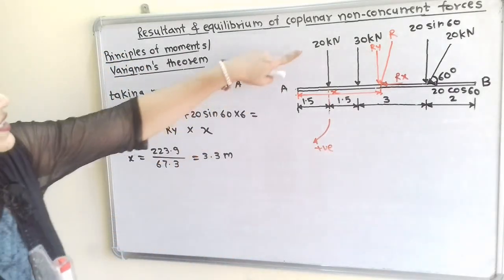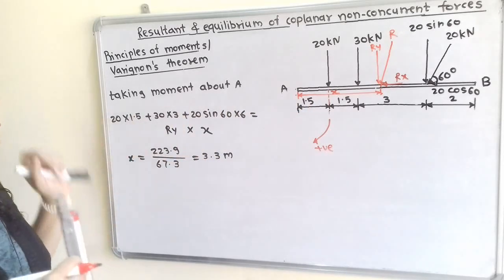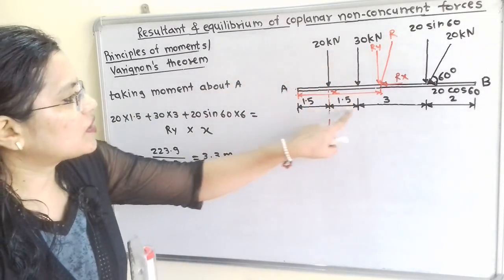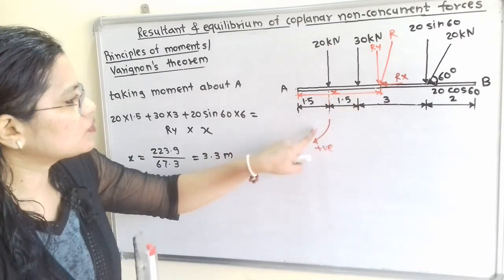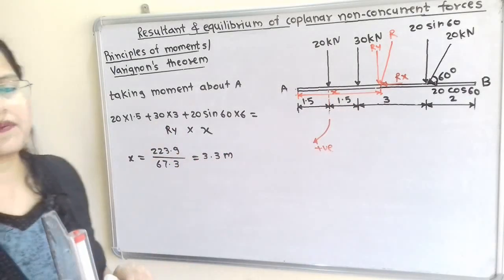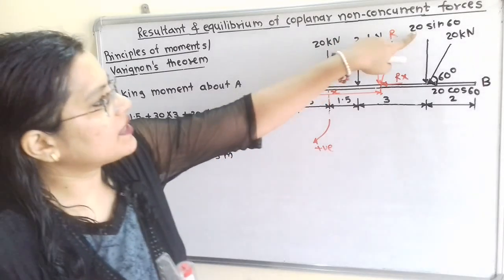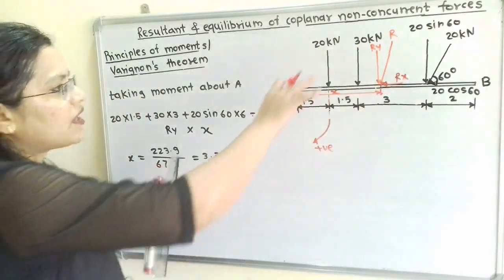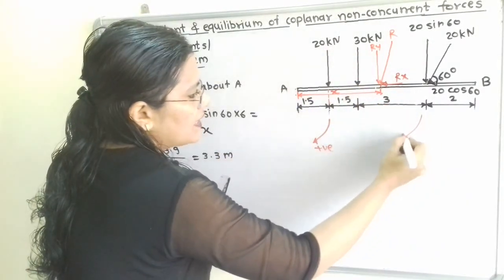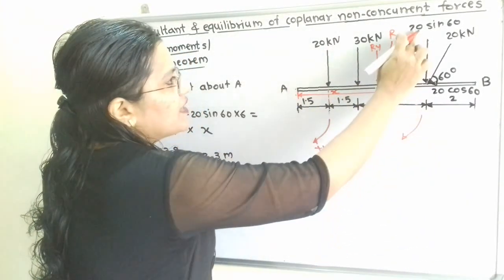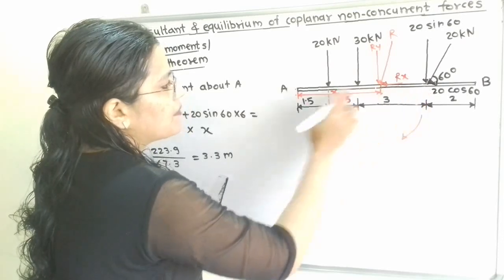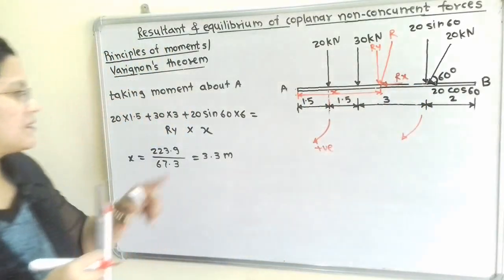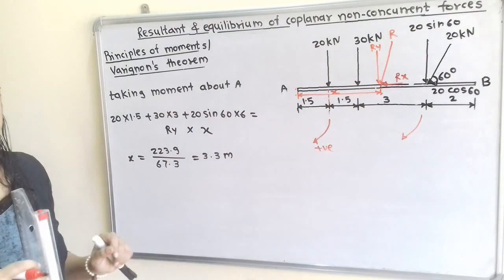So we can say 20 multiplied by 1.5, plus next 30 multiplied by total distance 3. Here is also the same direction. So 30 multiplied by 3, plus now here is the vertical component 20 sin 60. If I move the compass in the downward direction, here it is the same. So 20 sin 60 multiplied by perpendicular distance 3 plus 3, that is 6, is equal to.